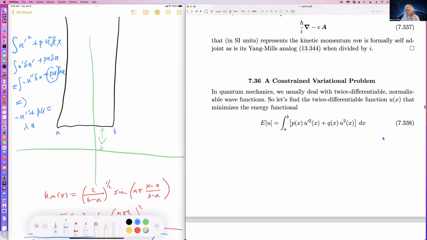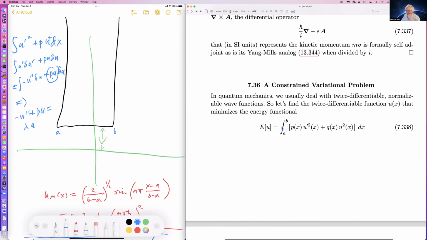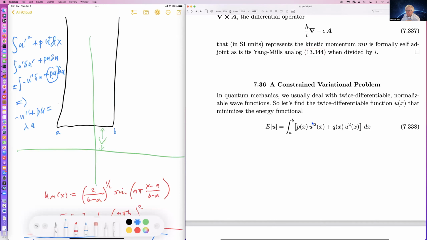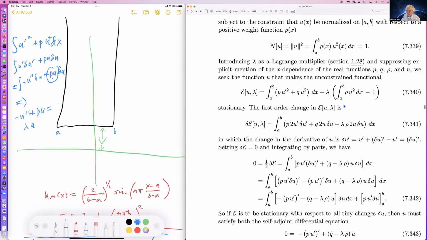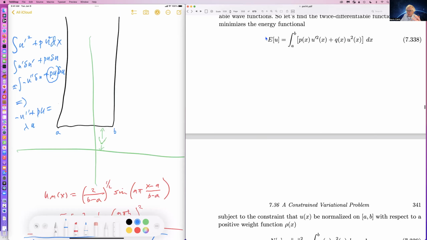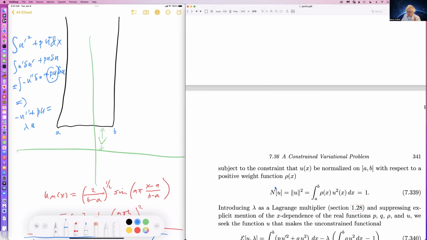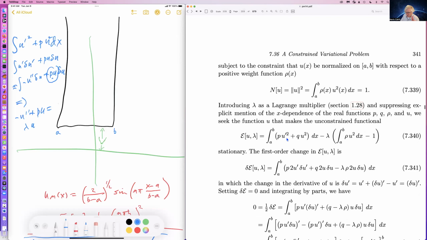This is the thing that I was talking about a moment ago when I said you want to have P non-zero. Basically you use the Lagrange multiplier technique to minimize the energy subject to this normalization condition. So then you have a functional, a function of lambda and a functional of u, and you then minimize this.